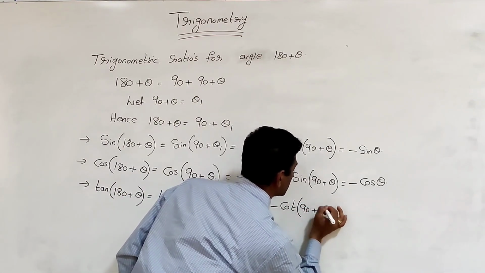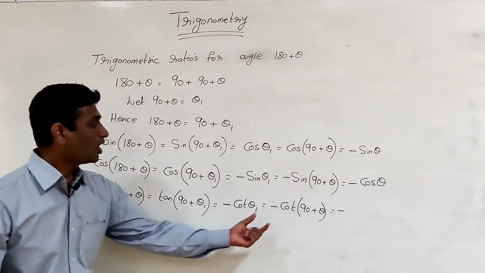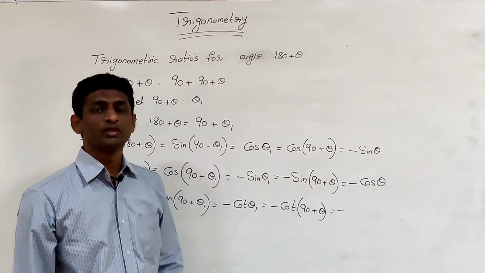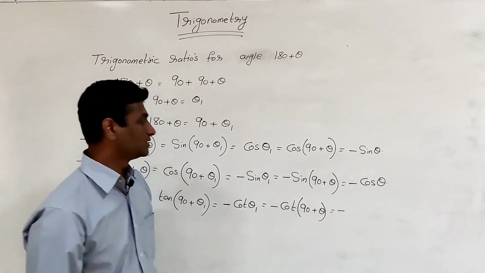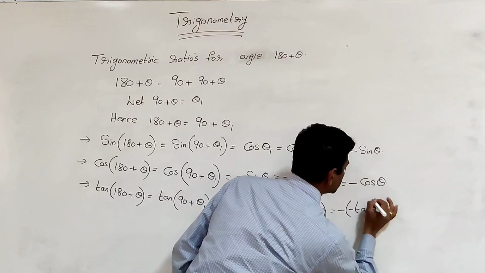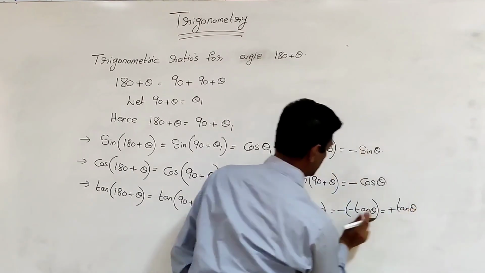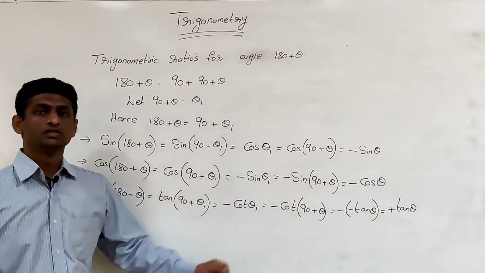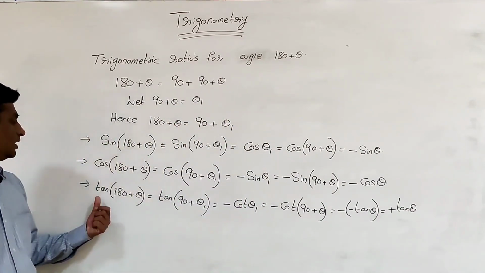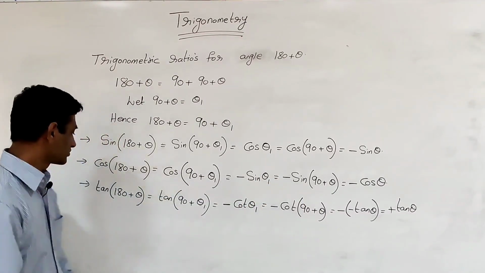The minus stays as it is, and cot of 90 plus theta gives minus tan theta. Minus into minus becomes plus, so plus tan theta. Hence tan of 180 plus theta is plus tan theta.